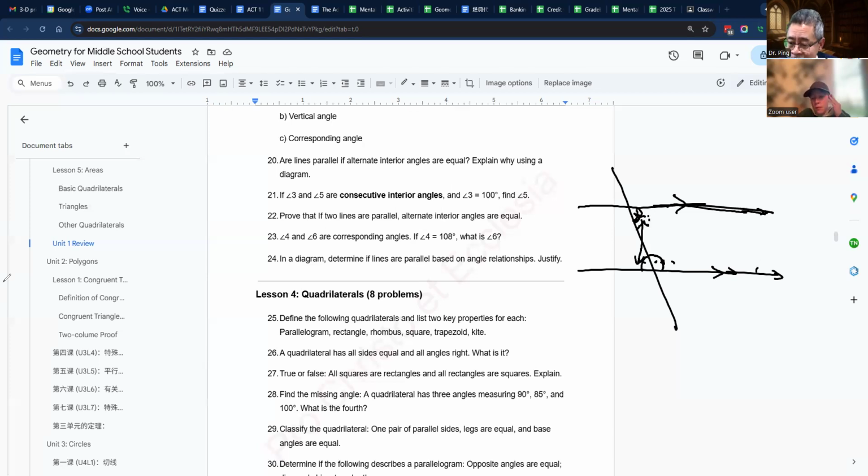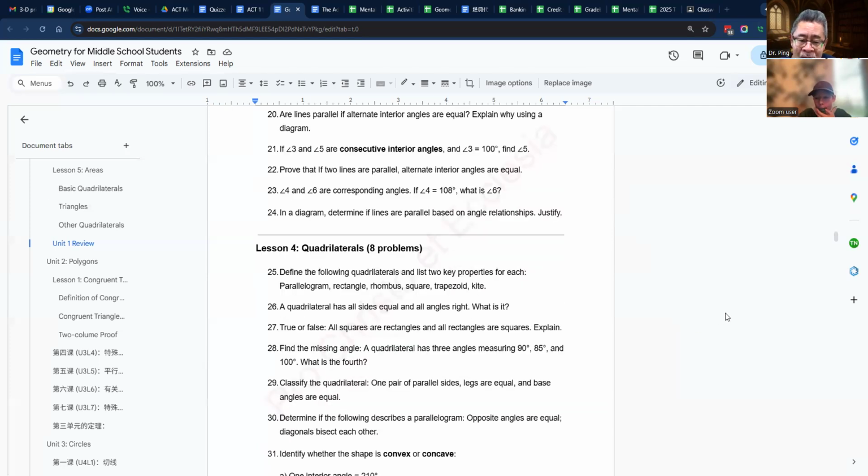Okay, let's do 21. If 3 and 5 are consecutive interior angles and 3 is 100 degrees, what is 5? Sorry, which question are we on? 21.